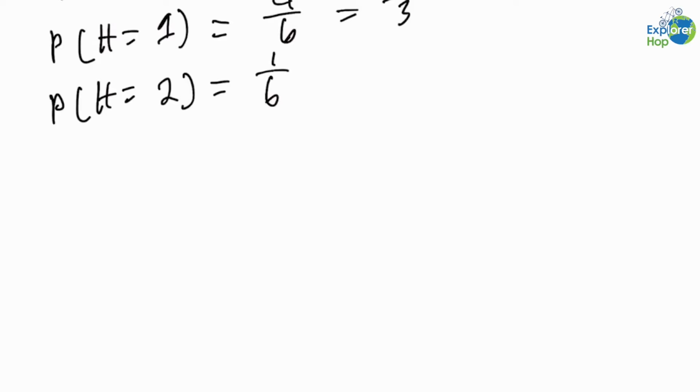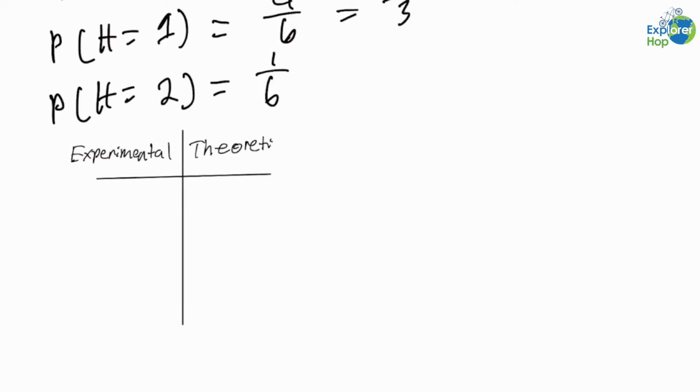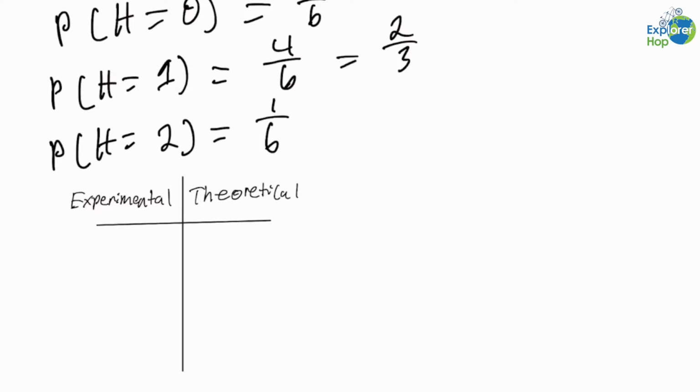And now we can combine everything together using a table. So after creating a table, on the left column, we'll write down all the experimental probabilities. And on the right column, we'll list all the theoretical probabilities. So for h equals 0, the experimental probability is equal to 1/6.